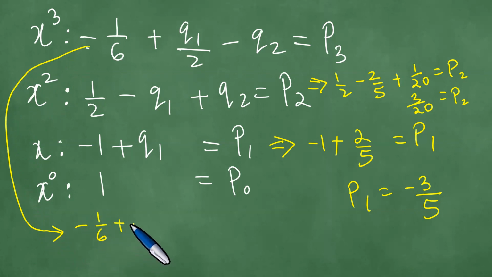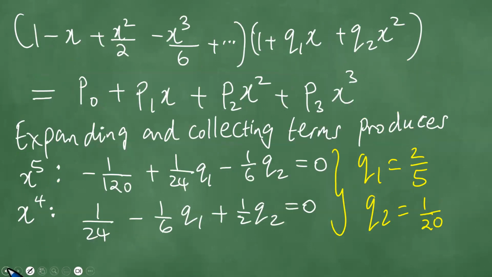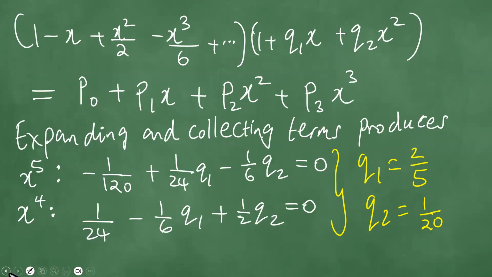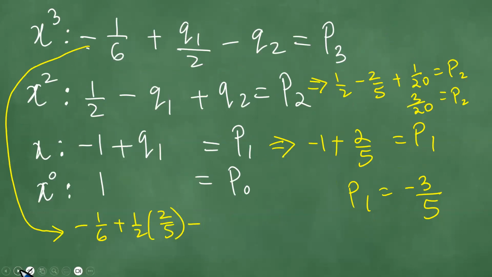What is Q1? It is 1/2. Okay, so we find first Q1. We got that one, which is 2/5. Q2 is 1/20th.